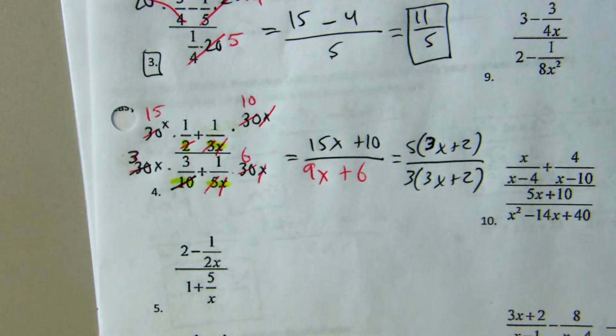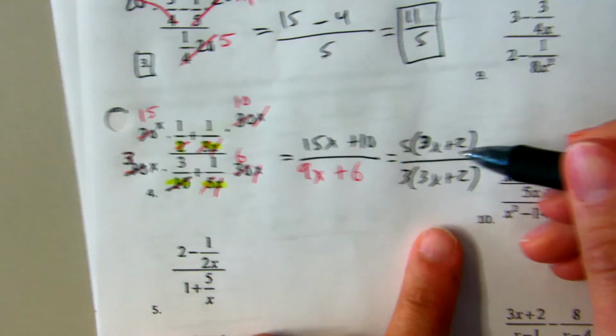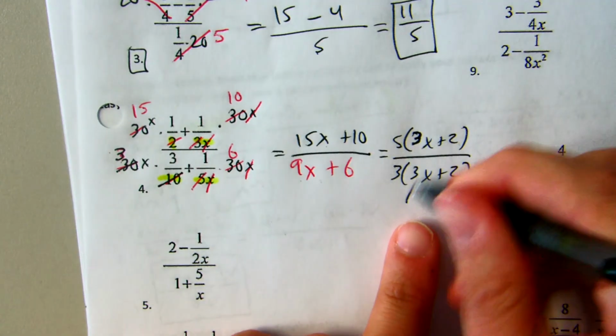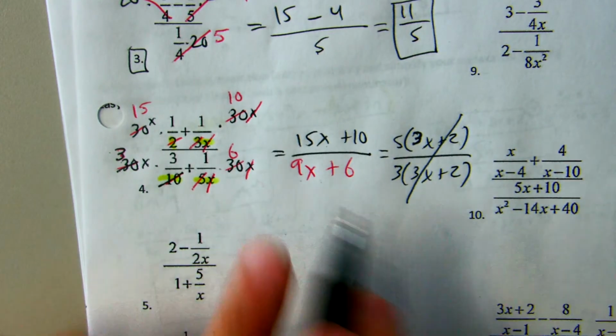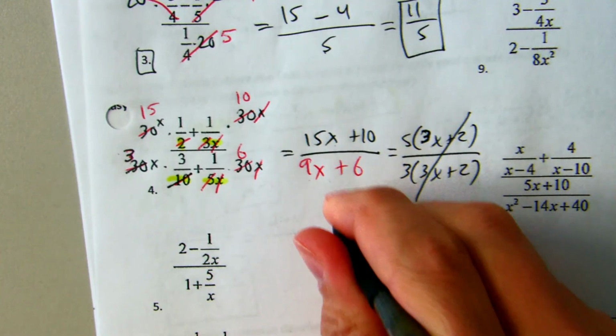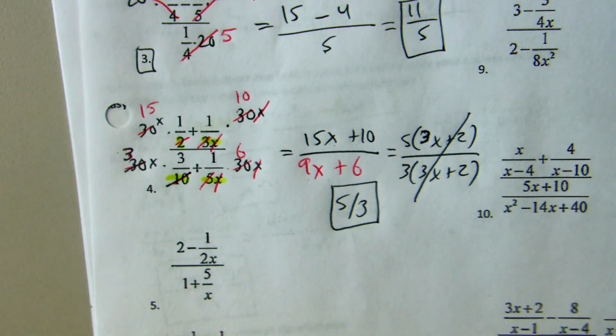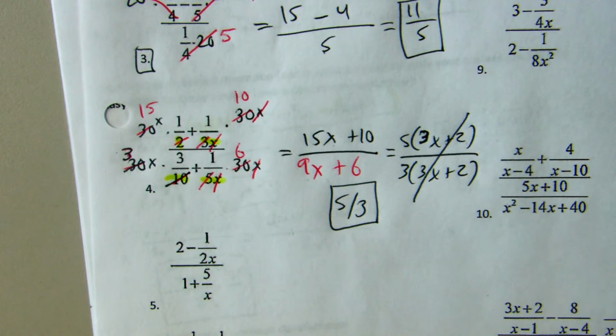I didn't think anything would cancel like this. So if you take out the GCF, then looking at this, I was pretty sure nothing would cancel, but it actually does. So in the end, 5/3. That's why you really have to make a habit out of forcing yourself to simply reduce. It's not going to happen a lot, but when it does, you want to make sure that you're ready for it.